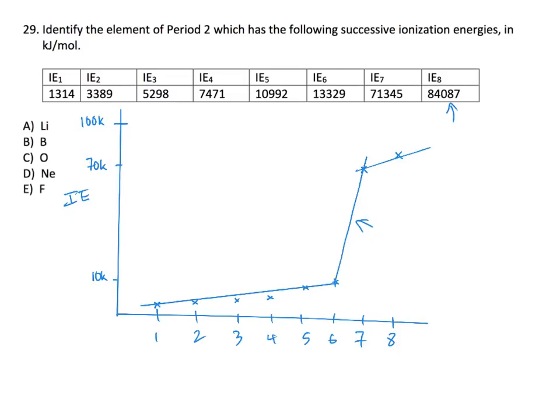If you separate these two, the ones that are easy to remove are the valence electrons, and the ones that are difficult to remove are the core. So what this graph and this table tell us is that we're dealing with an element that has 6 valence electrons, and once you've pulled out all 6 of those, you're digging into the core at that point, and that takes a lot more energy to remove.